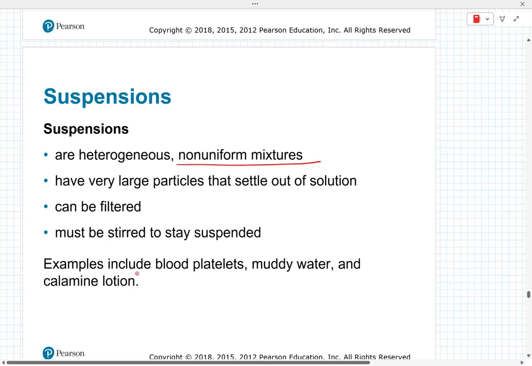So you have to stir them. Again, chemists should not talk about the stuff that they don't really understand, because I worked with platelets personally. It's going to take a while for platelets to settle down. But if we talk generally about formed elements of the blood, red blood cells, white blood cells, yeah, they're going to separate eventually. Okay?